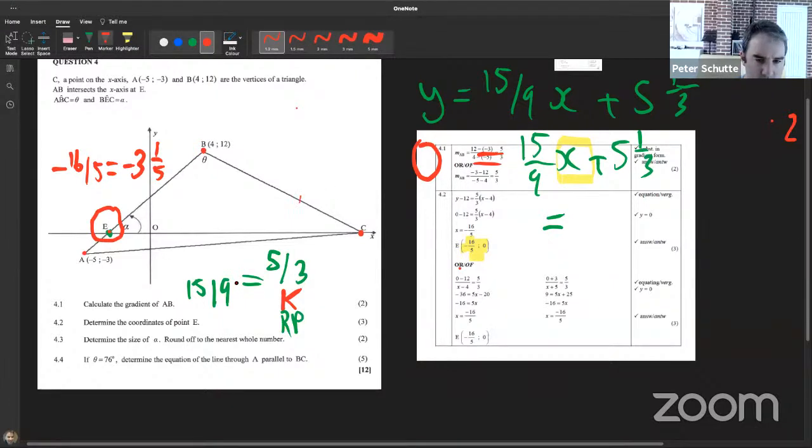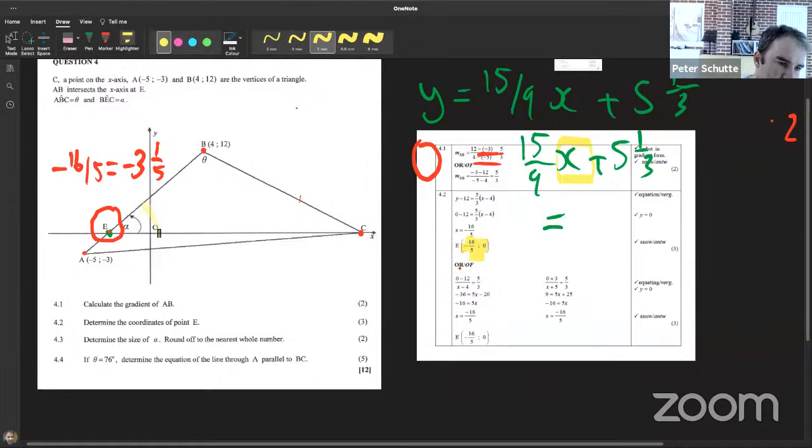Now I'm going to say, determine the size of alpha, rounded off to the nearest whole number. What is alpha? Alpha is the angle made with the positive x-axis. This is what I would call a complex procedure.